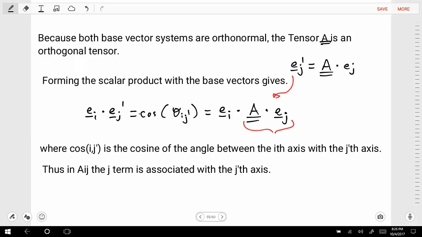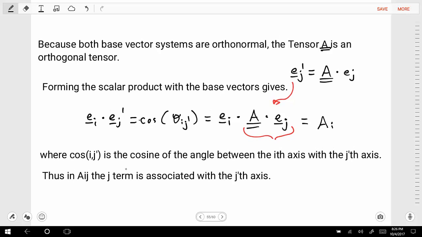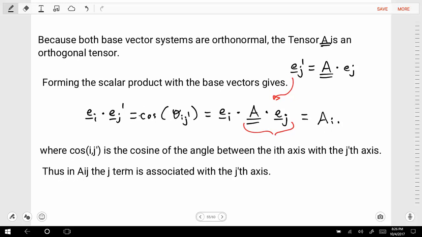Well, from this, seeing the indices that are given on our base vectors and the dot product that we're doing, we can say that the indices of this tensor are A i j.